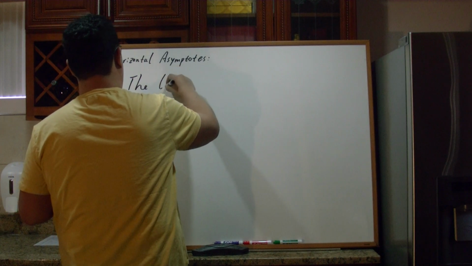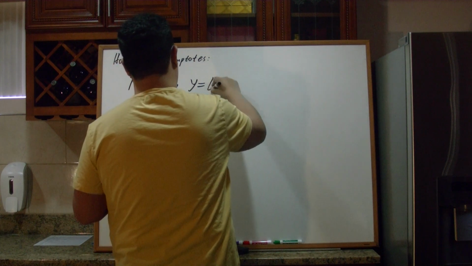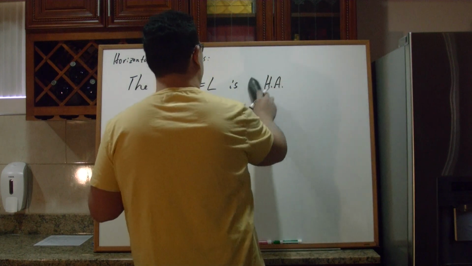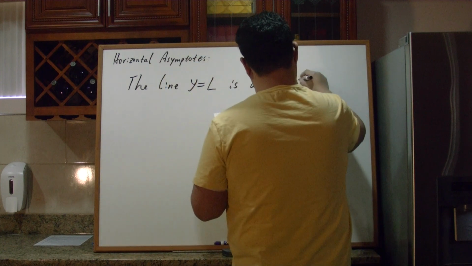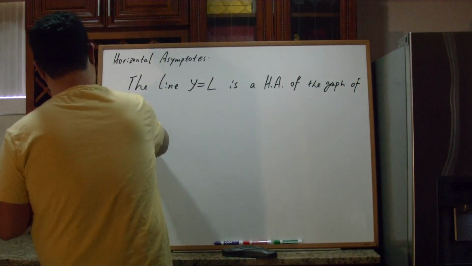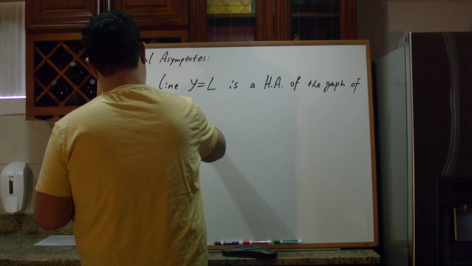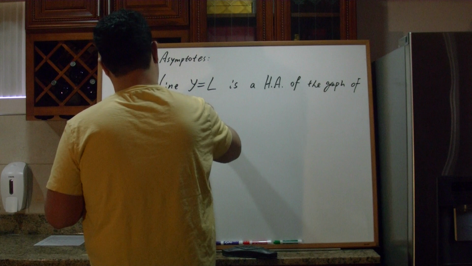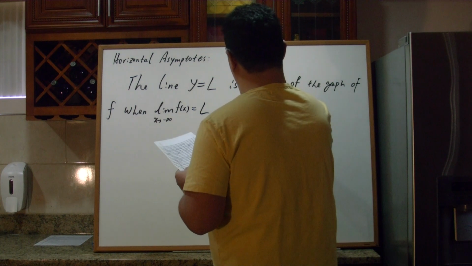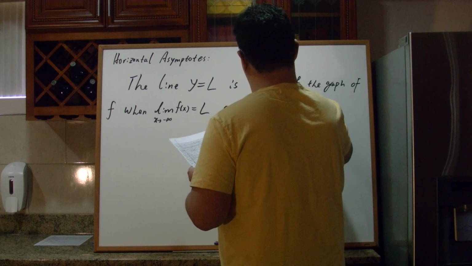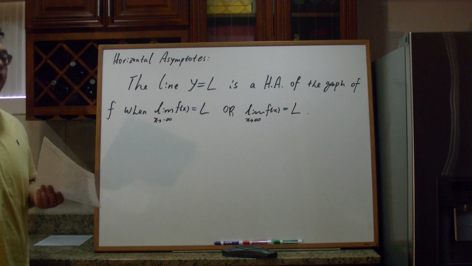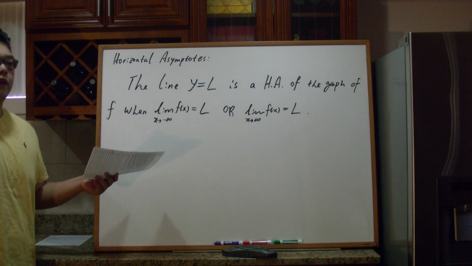So actually here, I'll give the definition. The line y equals L is a horizontal asymptote of the graph of f when the limit from the left side goes to L, or from the right side is L. It is not necessary to be both, just one side has the limit L as x approaches either left or right infinity.